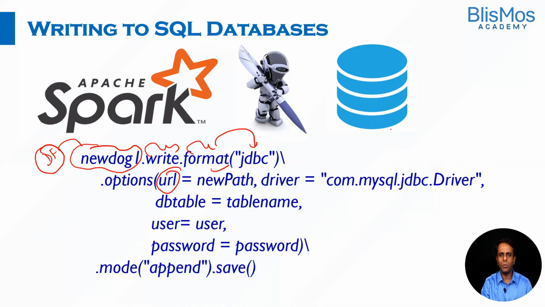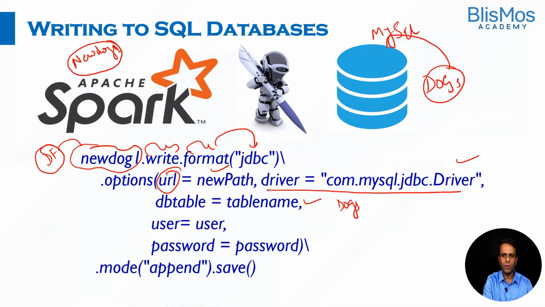We have already discussed the new path in the previous slide. We have to specify the driver also, by using which we are writing from the data frame into the database. And the table name, we have assigned docs.